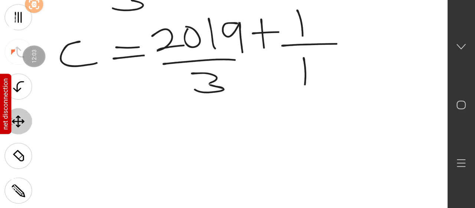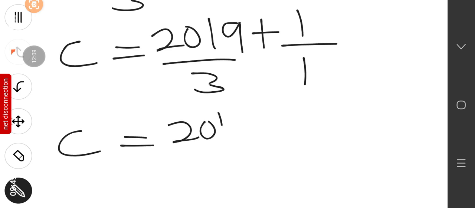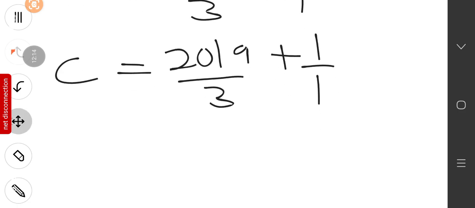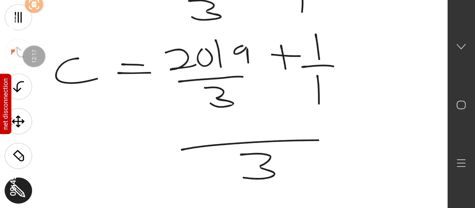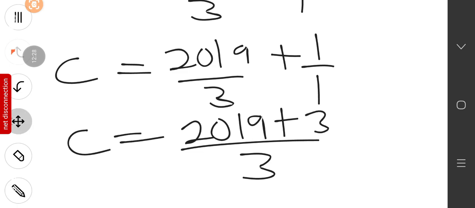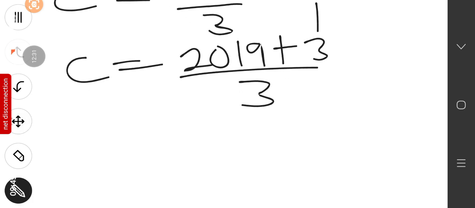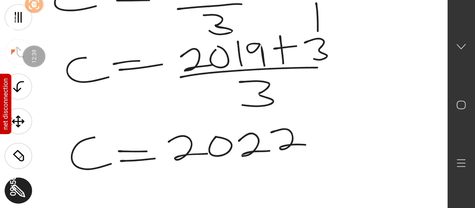Now let's find the LCM, or the least common multiple. So you have C equals 2019 over 3 plus 1 over 1. So the LCM here is 3. 3 goes here, 1 goes here. 3 times 1 is 3. So you have C equals 2019 plus 3 over 3, that gives us 2022 over 3.